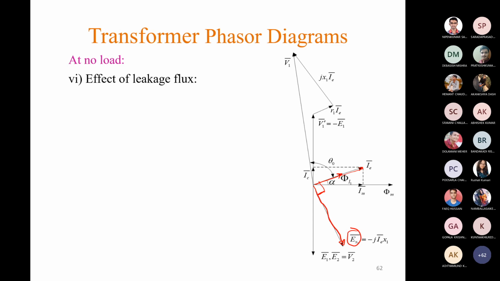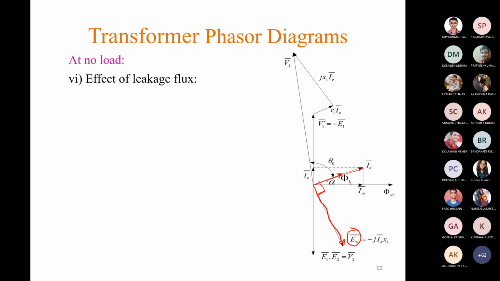Okay. Is it clear up to this? Yes, sir. Okay. Now this EX1 is a voltage, and as I have mentioned, you can add similar quantities using this phasor notation.